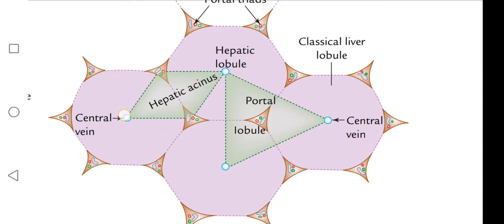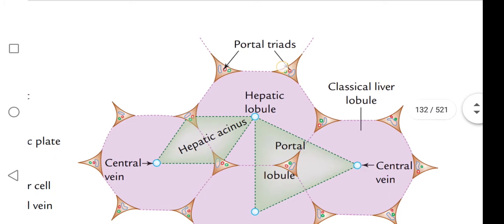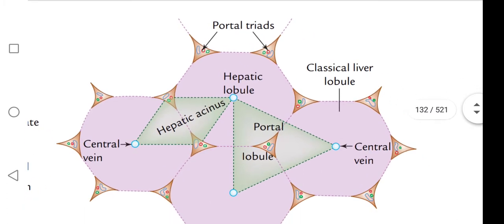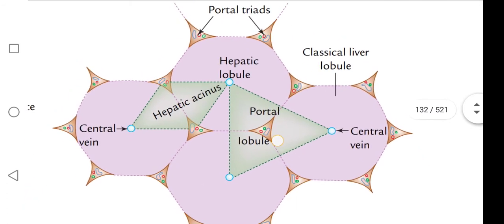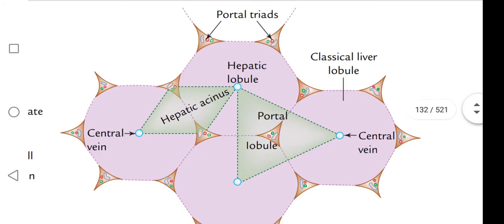This is a central vein, and this is also a central vein, and these are the portal triads. The portal lobule is formed by three adjacent central veins.